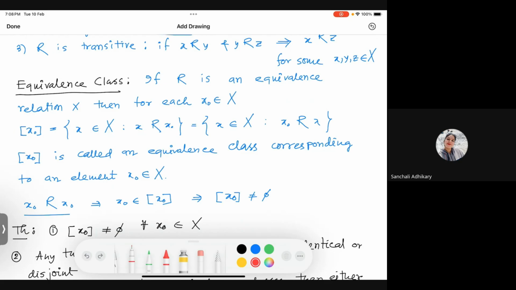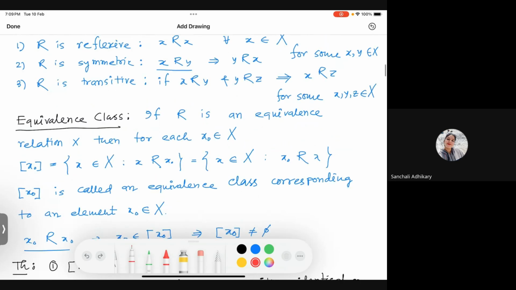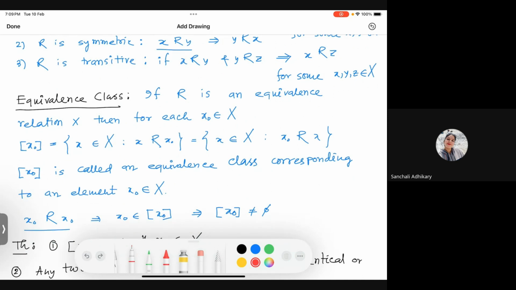This set is the collection of all X which are related to X naught. One can write X related to X naught, and one can write X naught related to X. Is there any problem? Because you know the relation is an equivalence relation, right? Since the relation is an equivalence relation, it is symmetric also, right? So if X is related to Y, it will imply Y is related to X. So collect all those elements from X which are related to X naught.